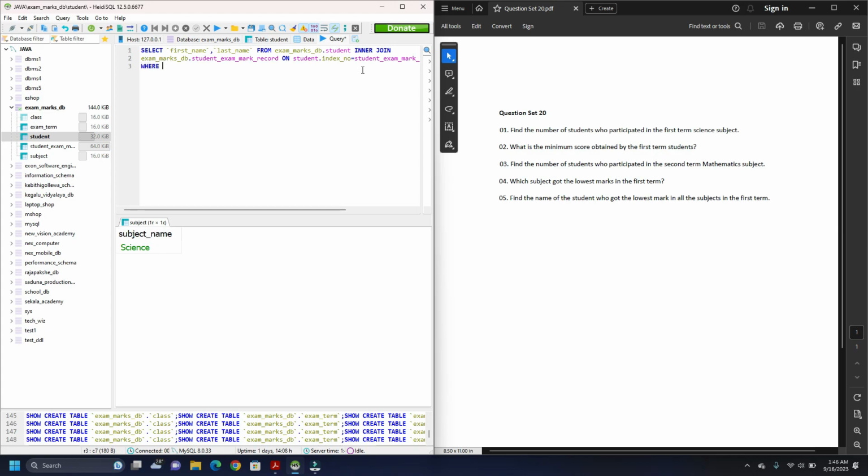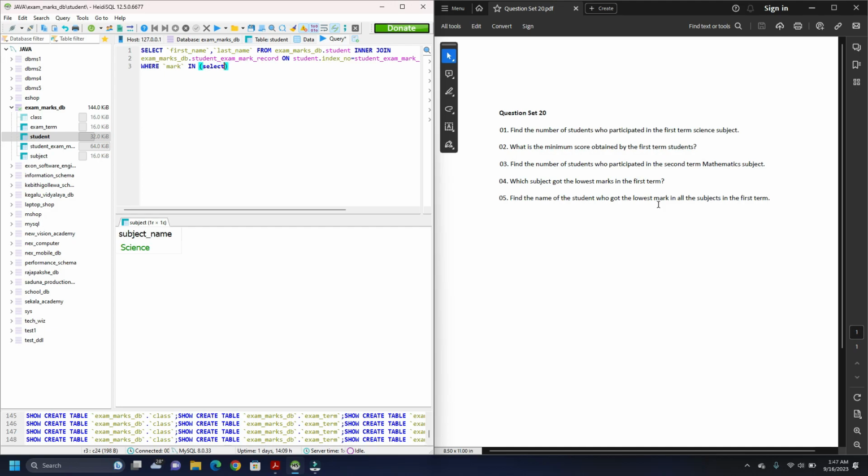Where, so here in the question it says the lowest mark in all subjects in the first term. So the mark needs to be the minimum of all subjects.